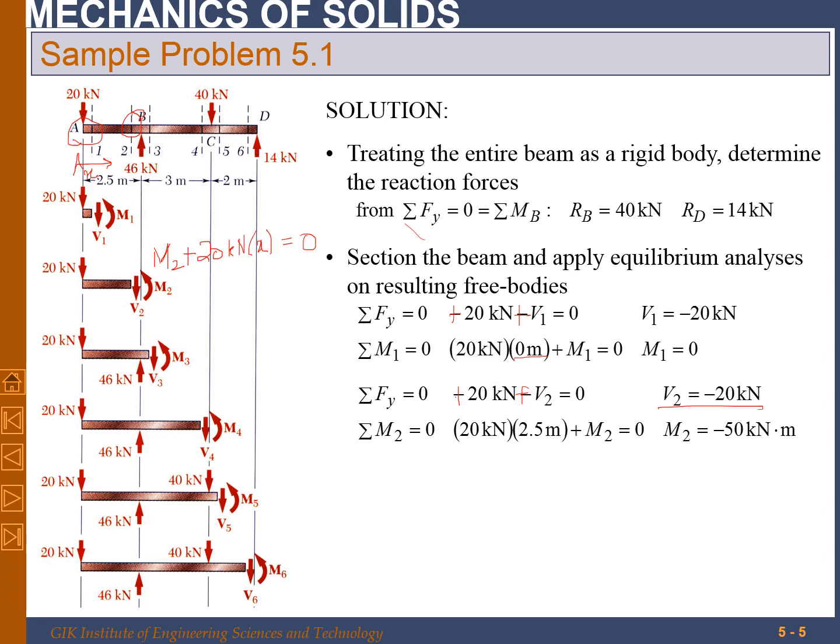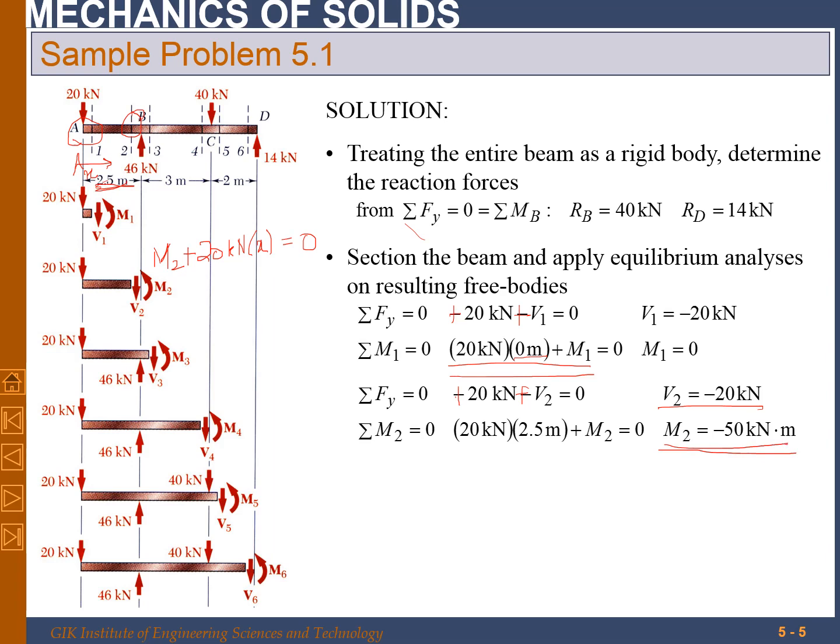Now, if X is equal to 0, we come back to this expression, so moment 1 is equal to 0, and if you put X is equal to 2.5, that is just before load B, that is 2.5 meter distance. So M2 is minus 50 kilonewton meter.